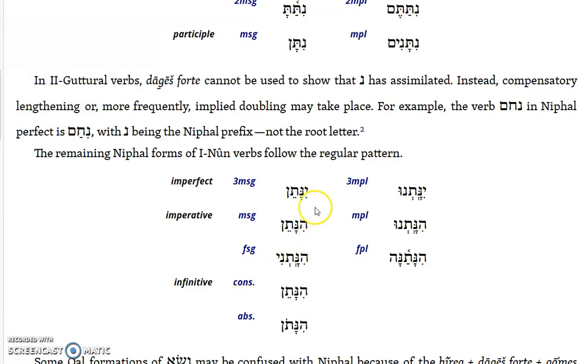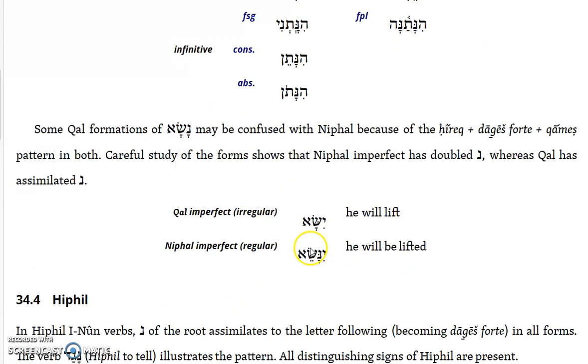Now, the remaining niphal forms of the first nun verbs follow the regular pattern. So in the imperfect, the third masculine singular of natan would be yinnatein, and basically you nail down the nun with a doubling and a vowel that follows, so it's not right up against another consonant, and so it does not go away in the imperfect forms or in the imperative forms or in the infinitive forms.